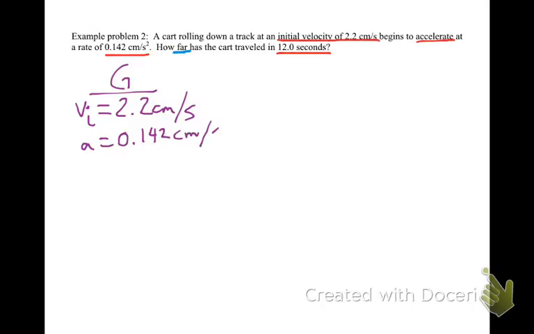Okay. Let's write down our givens. What do we know? We know our initial velocity is equal to 2.2 centimeters per second. We know our acceleration is equal to 0.142 centimeters per second squared. And we know our time is 12 seconds.